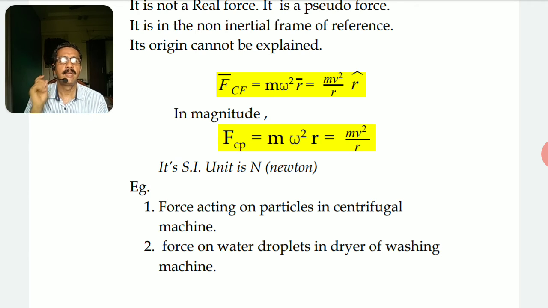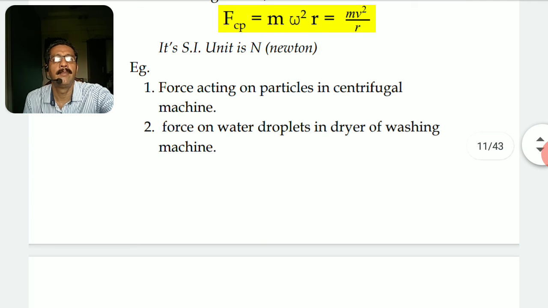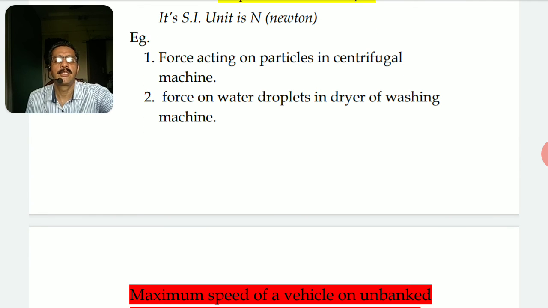The magnitude of centrifugal force is the same as that of the centripetal force: F centrifugal is equal to m v squared by r, or m omega squared r. Because it's a force, its SI unit will be the Newton itself. And there are examples that you can find. If you consider a centrifuge machine usually used in chemistry laboratories, we have a test tube kept in the centrifuge machine, and the machine rotates, and if you have a turbid solution, you find the precipitate getting collected at the bottom of the test tube.